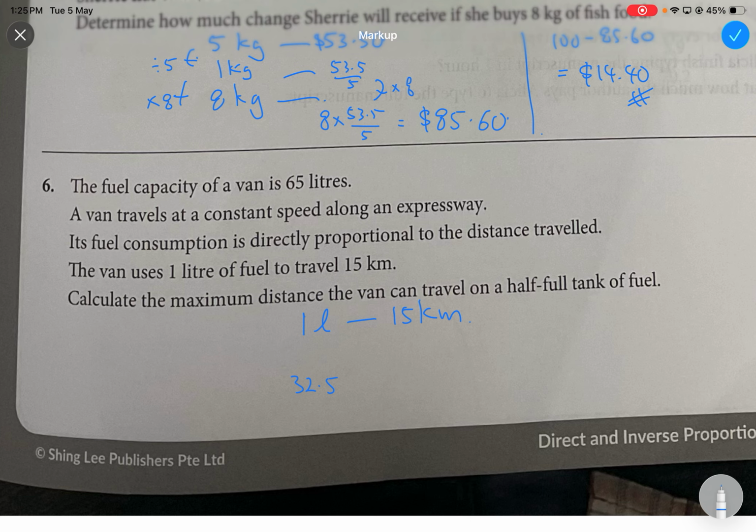They wanted you to find out how far 32.5 liters can travel. Like that only actually. Got so much story, but actually they want you to find this. Yes, very good. Just 15 times 32.5.